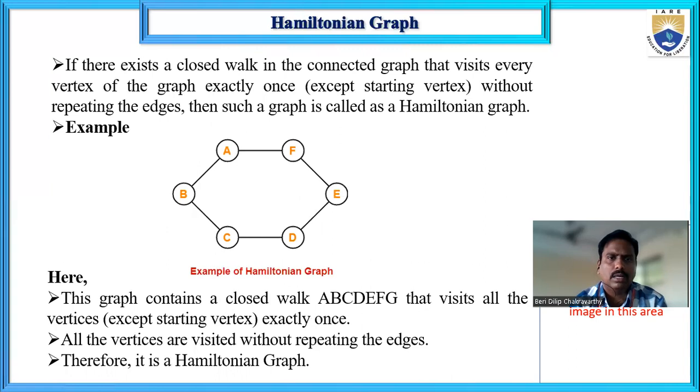Then we have a graph called the Hamiltonian graph. So why are we calling it a Hamiltonian graph?